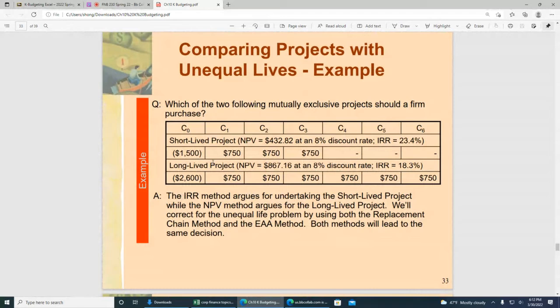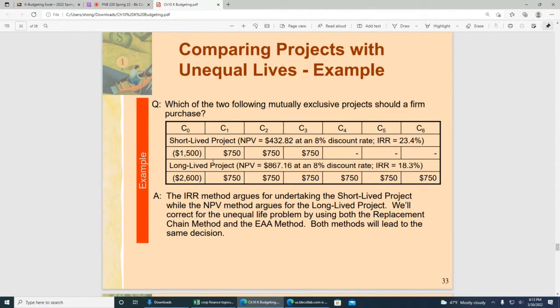the replacement chain method. Which of the two following mutually exclusive projects should a firm purchase? The short-lived project has 3 years, and the long-lived project has 6 years.